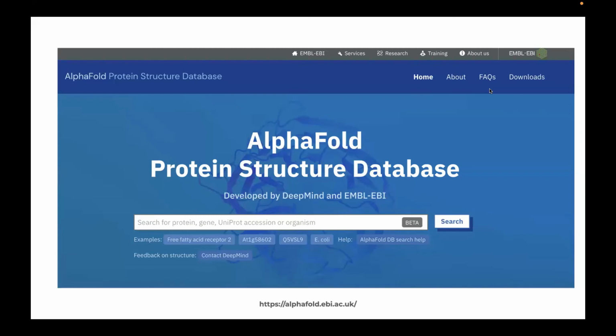As I was telling you, AlphaFold is an AI system developed by DeepMind, and it predicts 3D protein structures from sequences. DeepMind and EMBL's European Bioinformatics Institute (EBI) have partnered to create the AlphaFold database. The AlphaFold database, which I'm showing you on the slide, is to make these predictions freely available to the scientific community.